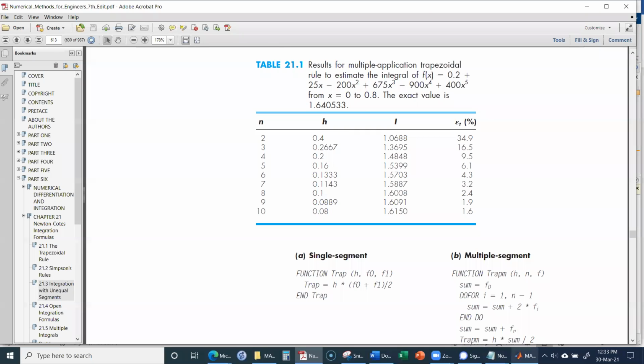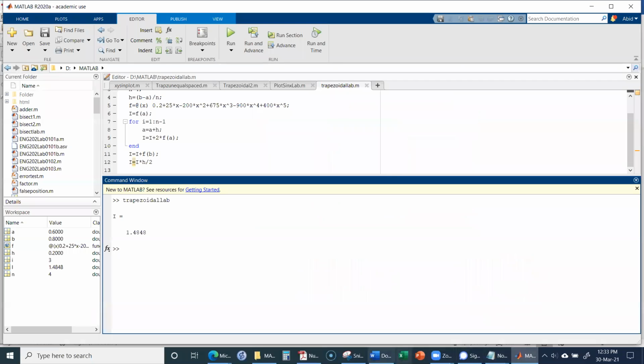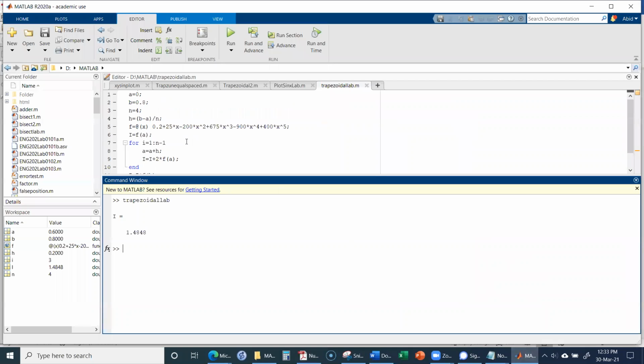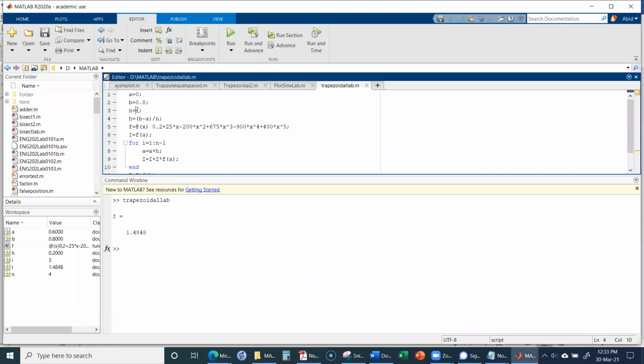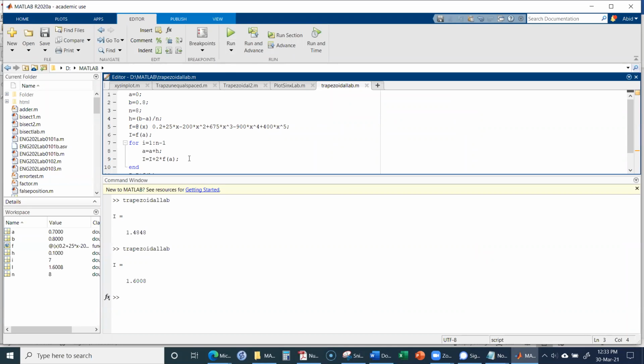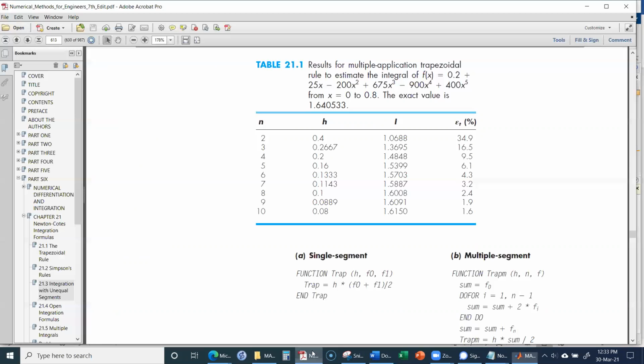So maybe for example, for n equal to 8, let's take, so now I can change n is equal to 8 over here, and then I run it again. So it is 1.6008. Okay, so in this case, we get this answer.